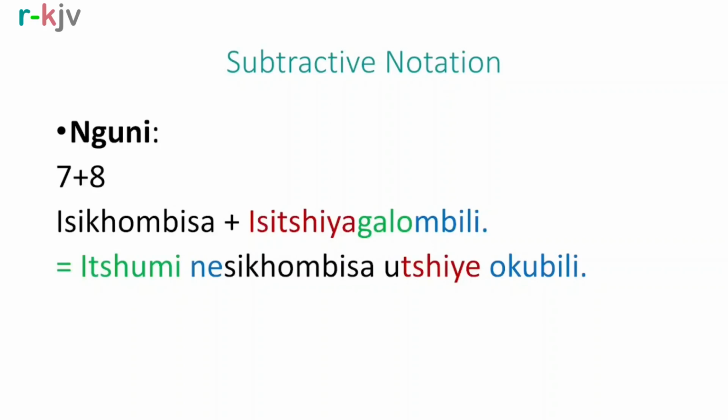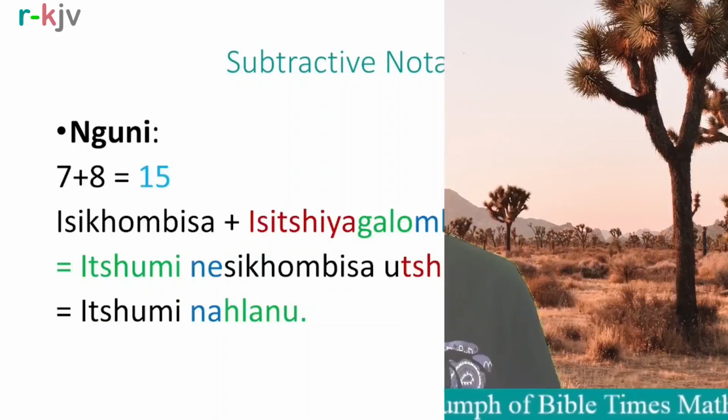This is interpreted as 7 less 2. Isikhombisa uchiye okubili utolwane. That is kuhlanu or 5. So the result is ichumi nahlanu, which is 15.